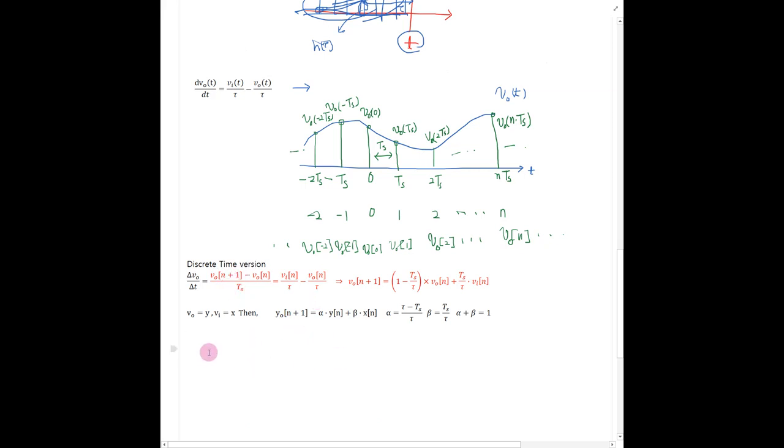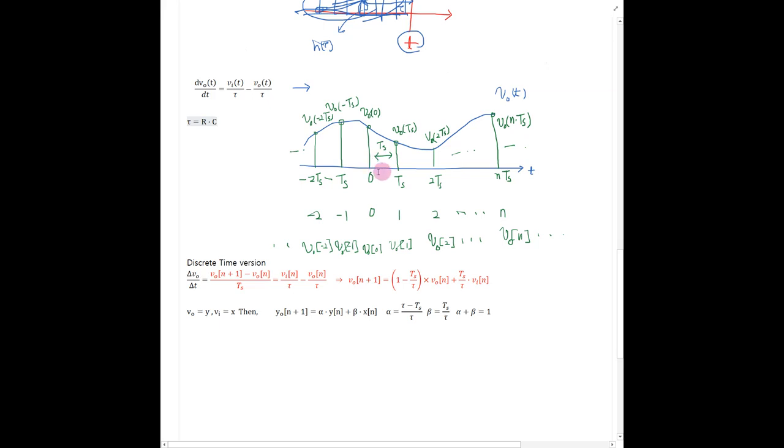And from here we can choose an arbitrary value of TS. Also tau is resistor times capacitor, this is the time unit. This is tau, and TS is the sampling period.